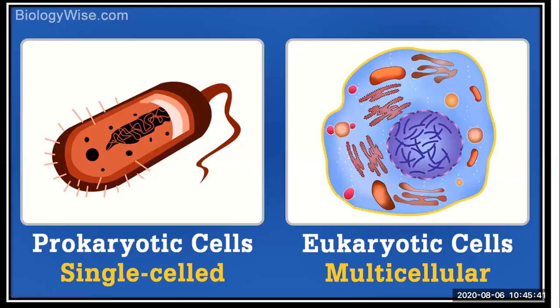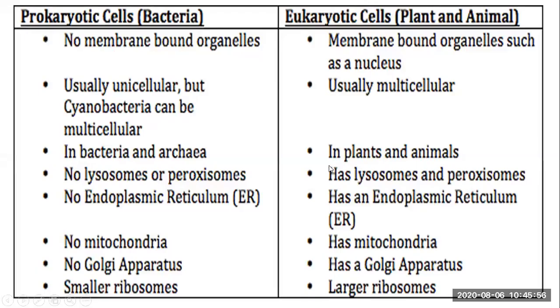Now, another important thing you must remember is that there are two types of cells, prokaryotic and eukaryotic. Single-celled organisms are known as prokaryotic, and multicellular ones as eukaryotic. That is a basic difference you must remember: no membrane-bound organelles are present in prokaryotes, and bacteria are the example, while we humans, plants, and animals contain eukaryotic cells.